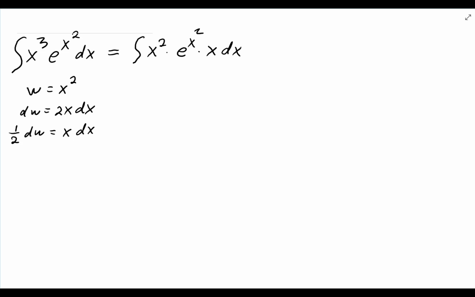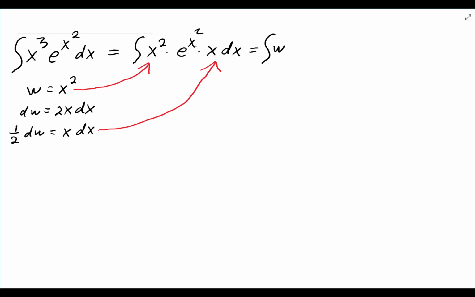Now, look what we've got. That x dx is right there, and that x squared is right there. So let's replace everything. That x squared is going to get replaced with a w.